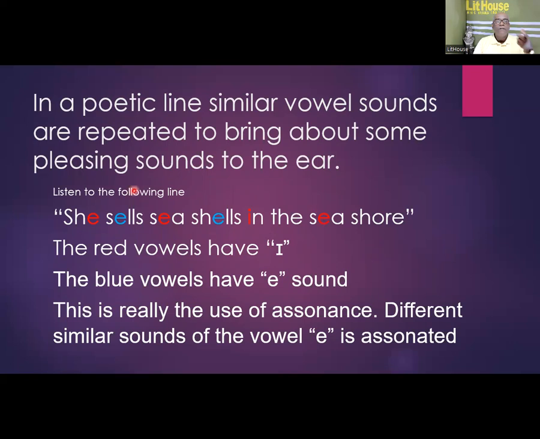Now, let's understand this in a practical poetic line. In a poetic line, similar vowel sounds are repeated to bring about some pleasing sounds to the ear. Again, that definition. Now read this line.